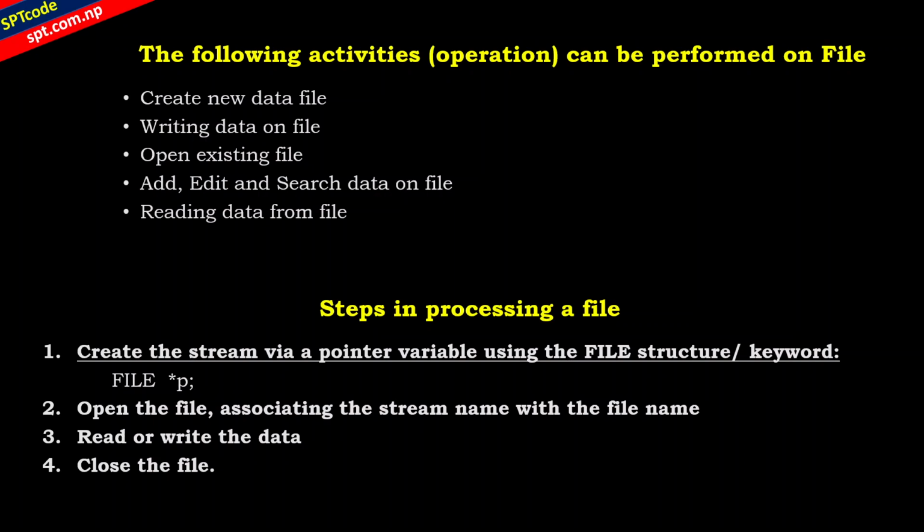We need to create the file. If there is already an existing file, then we can open that file. We can write some content or edit some content in that particular file, and read it to retrieve into main memory so that we can manipulate it. These are the main activities that can be performed on a file. The steps in processing a file are: either create the file or open the existing file, read or write the data in the particular file, and close the file.